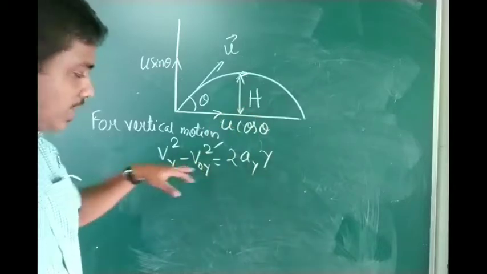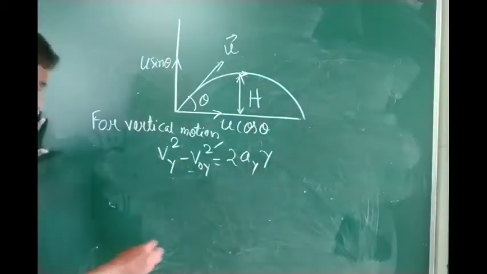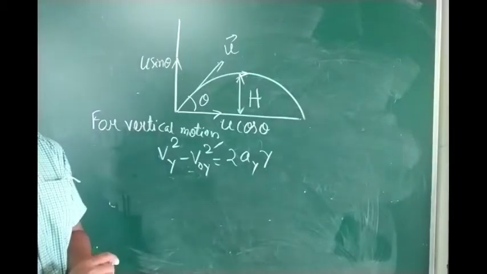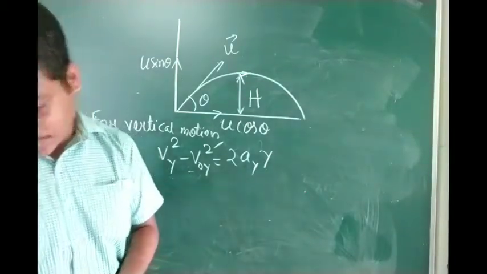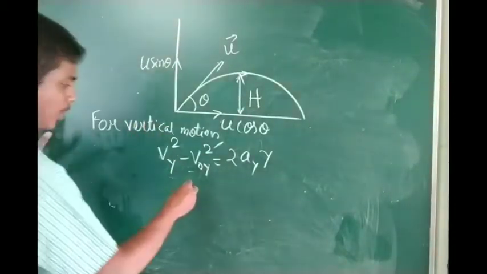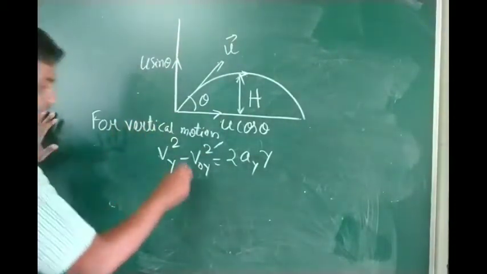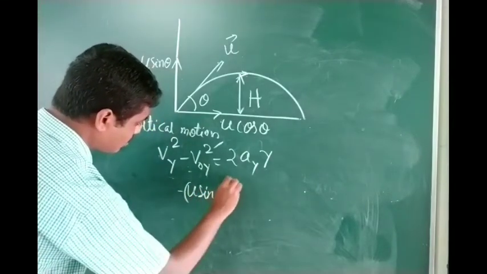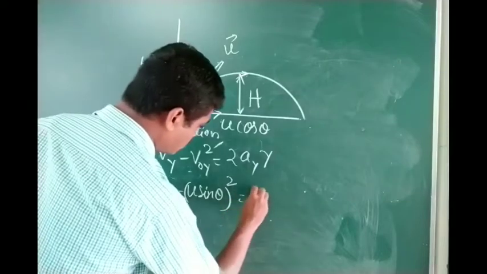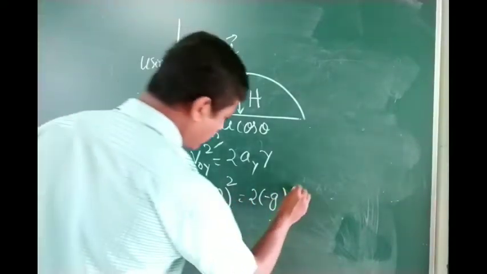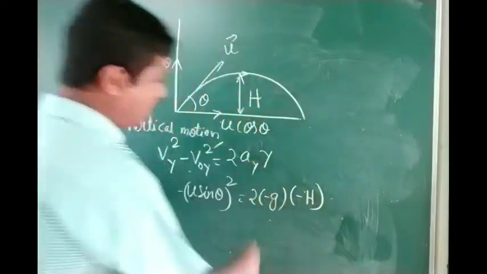Along the vertical direction: Vy squared minus V naught y squared equals 2 a y into y, where Vy is the final velocity along the y direction. According to the components we did in the last class, V naught y is u sine theta, so (u sine theta) whole squared equals 2 into minus g into minus h.